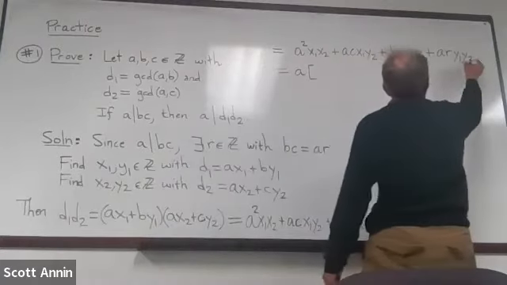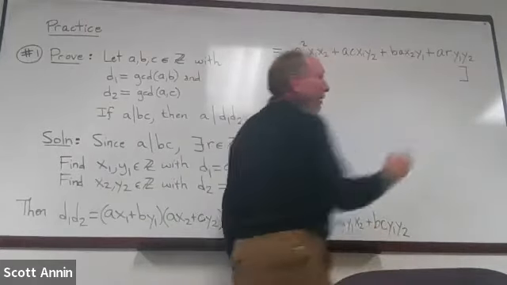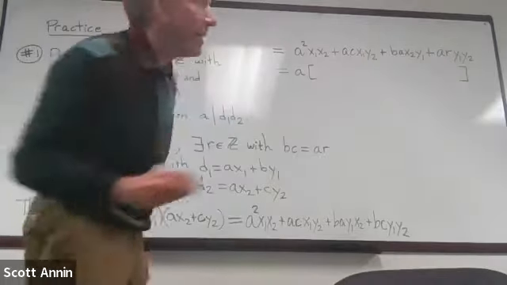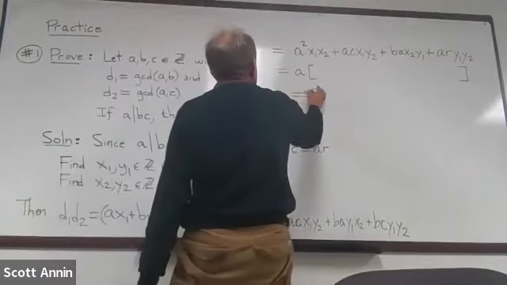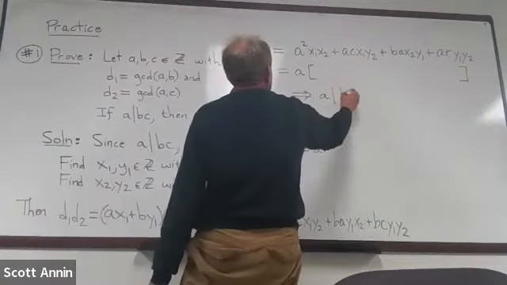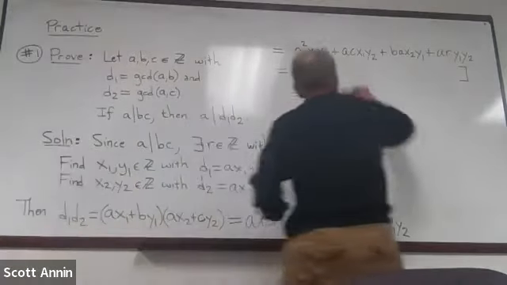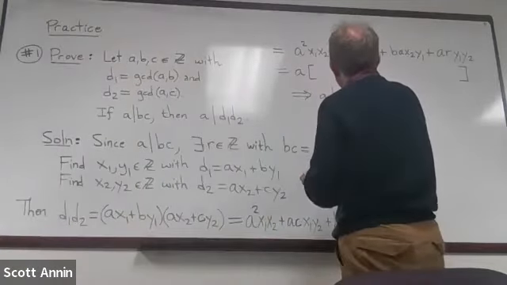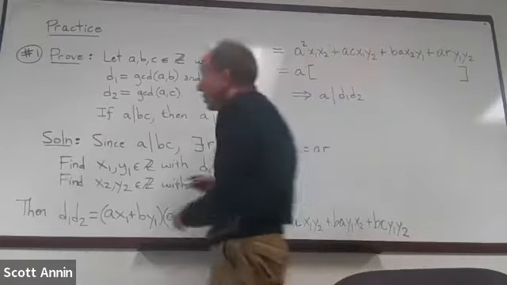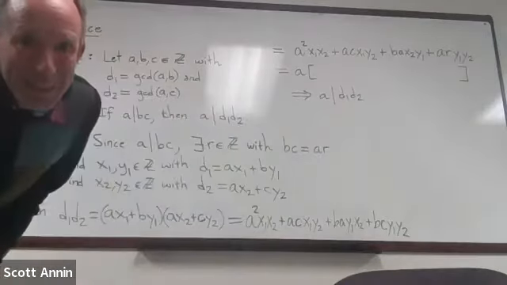Okay, I'll let you copy the rest of this down. I won't rewrite the whole thing in there, but the point is that now A therefore divides D1 D2, which is what I was trying to prove in this example.